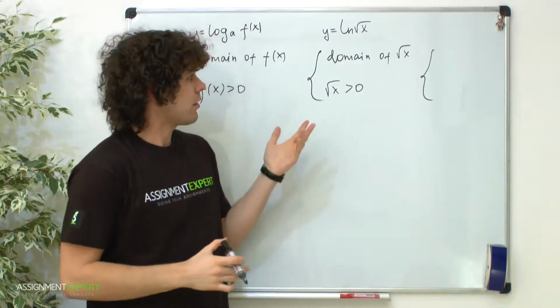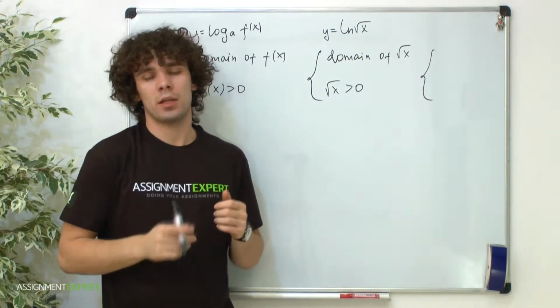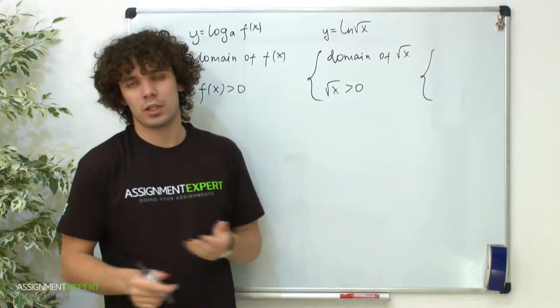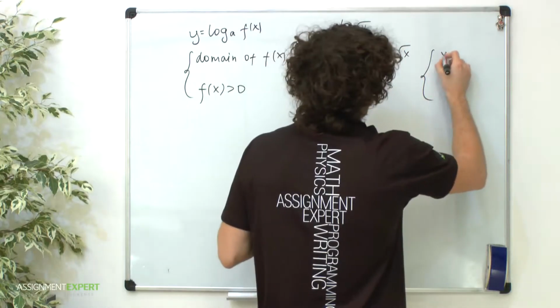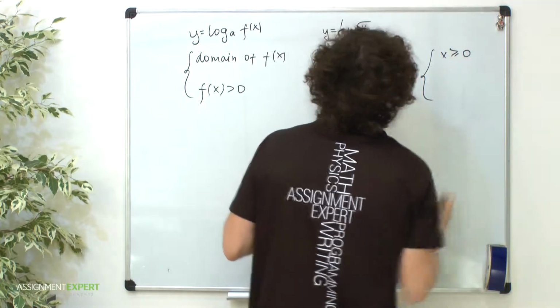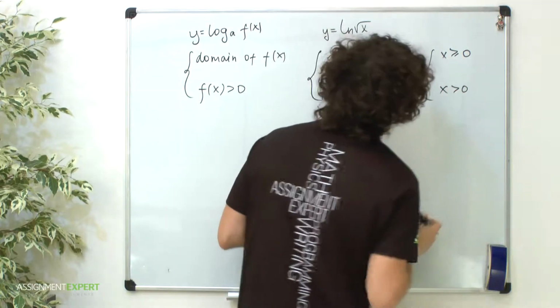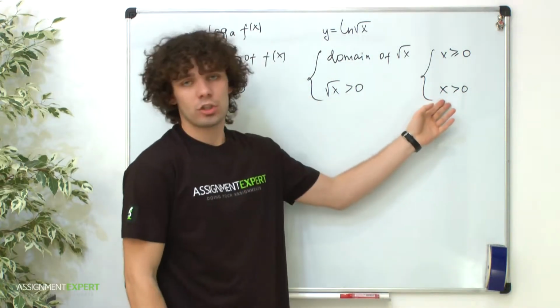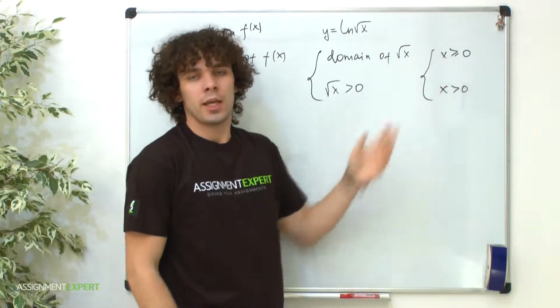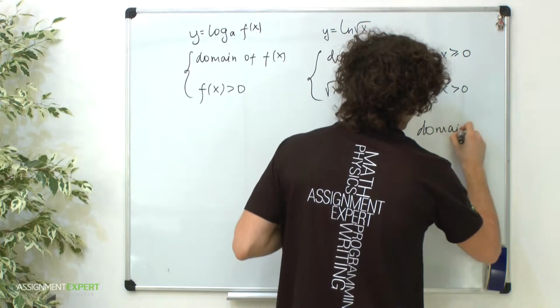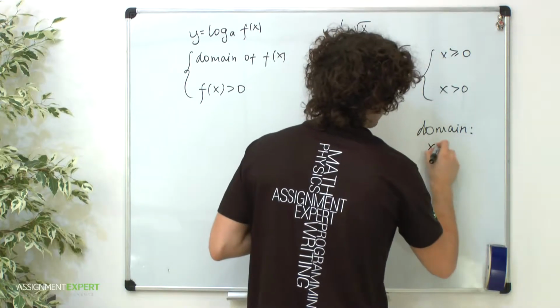Well, actually the domain of this expression is x is equal or greater than 0, because the expression under the even root must be non-negative. So here we have x is equal or greater than 0, and the second condition gives us x is greater than 0. So the second condition drops out 0 from the first one, and now we have our domain. Domain of this function is x is greater than 0.